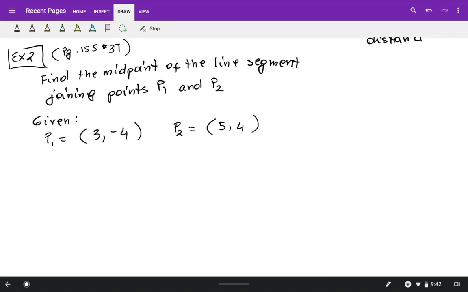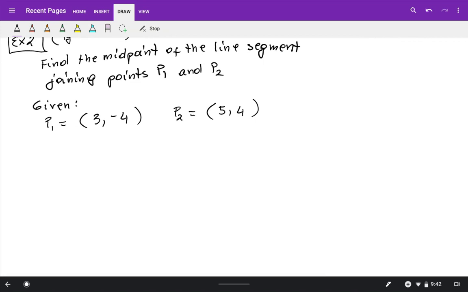Again, I'm just going to graph it once, just to explain what a midpoint looks like. It's just a point in the middle. So P1 is 3 comma negative 4.